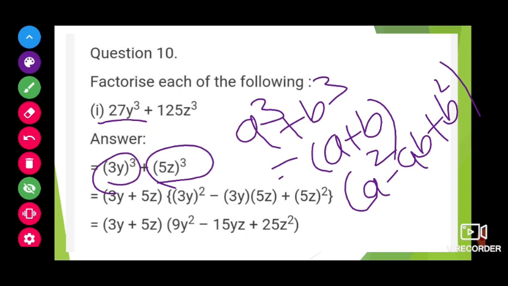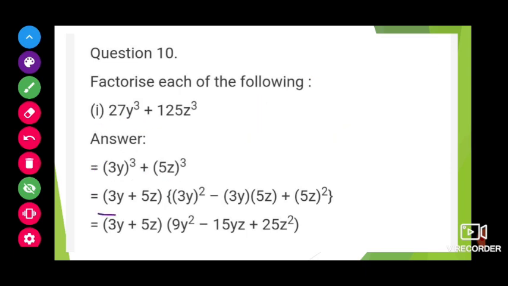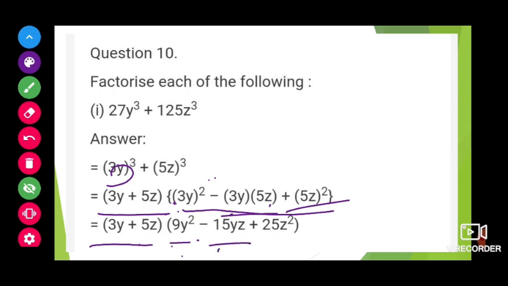So apply: a plus b is 3y plus 5z, into a square 3y square, minus ab 3y into 5z, plus 5z square. So we will get 3y plus 5z as it is. This I am simplifying. 3y square means 9y square, minus 3 fives are 15yz. Next 5z square, 5 square is 25z square.